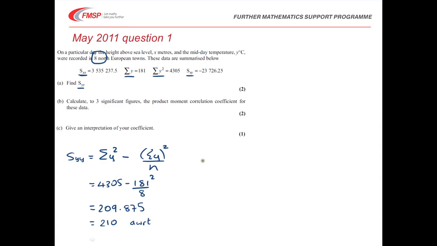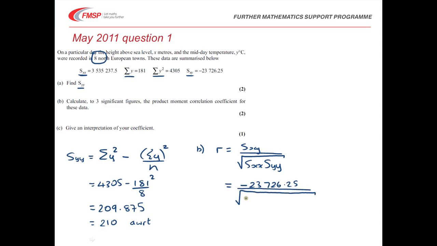Okay, so then it's asking us to calculate the PMCC, the product moment correlation coefficient, which is symbolized as r. So that's going to be Sxy divided by the square root of Sxx Syy. And again, you've got to be very, very careful using this. So Sxy is minus 23726.25 divided by the square root of what we've just calculated.